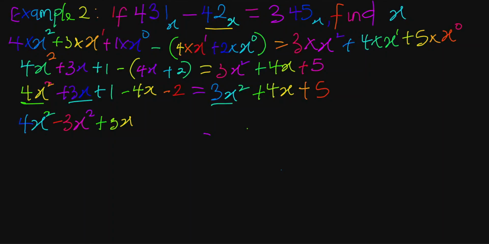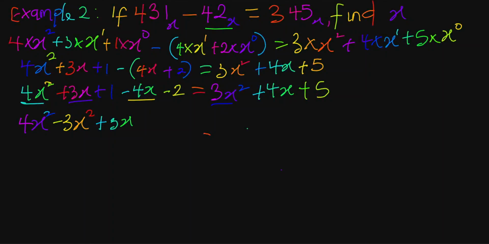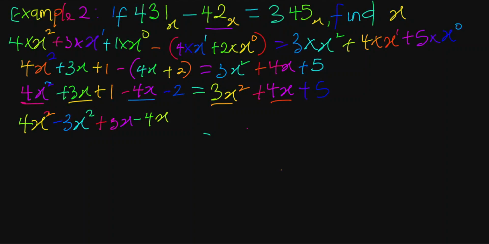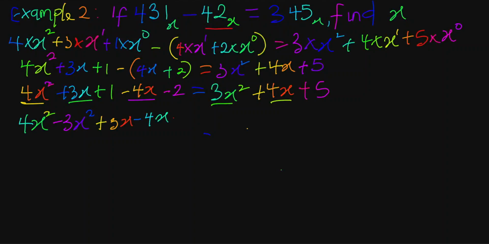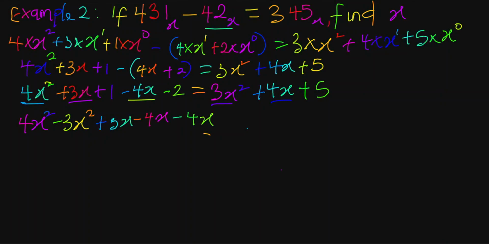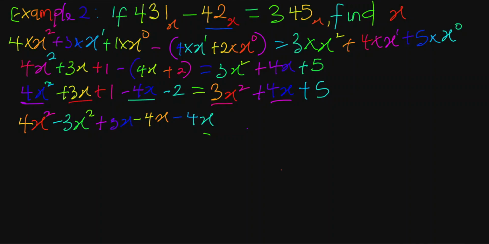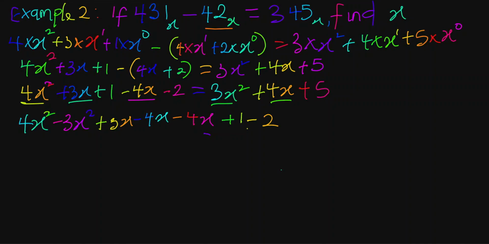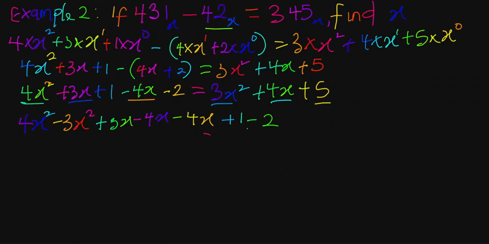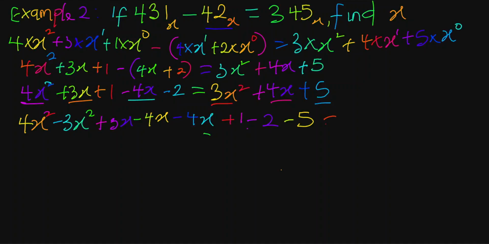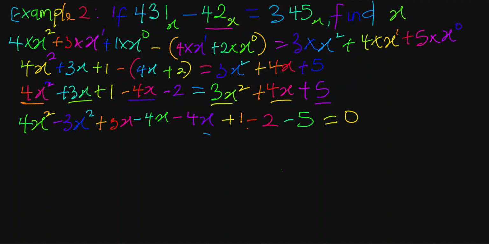We have minus 4x here too, minus 4x. Then on the right hand side we have another 4x, that's minus another 4x. So we have 1, we have minus 2, then we have 5. But when 5 crosses to the left hand side, it becomes minus 5, everything equal to 0.